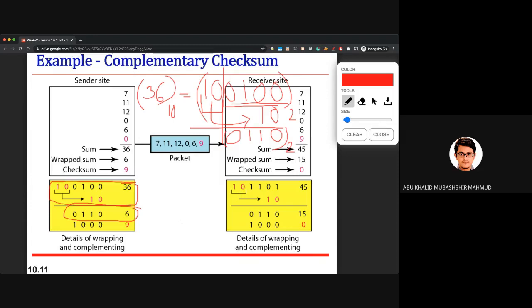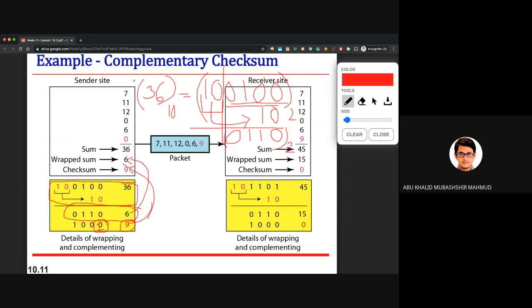After complementing it we get 1001, which is the value 9. This 6 is the wrapped sum, and this 9 is our required checksum.